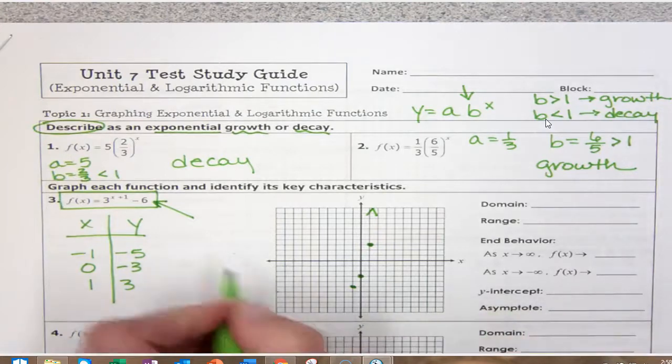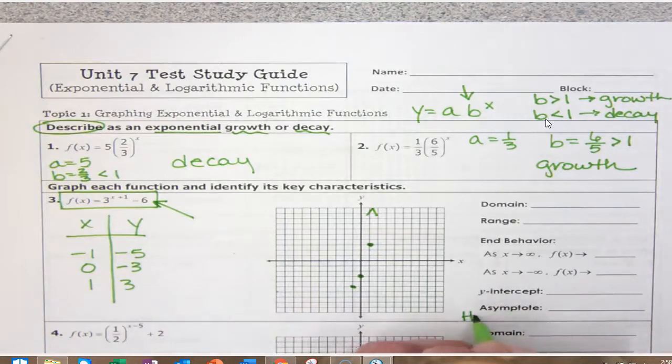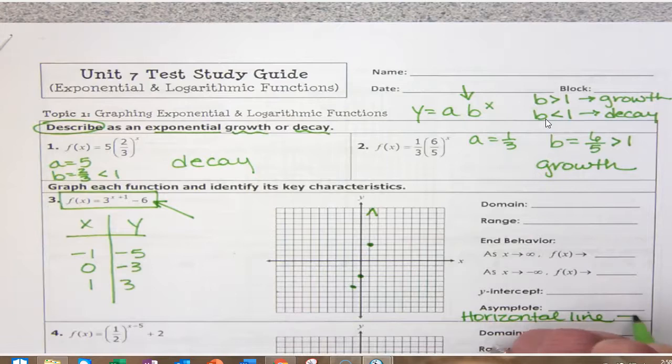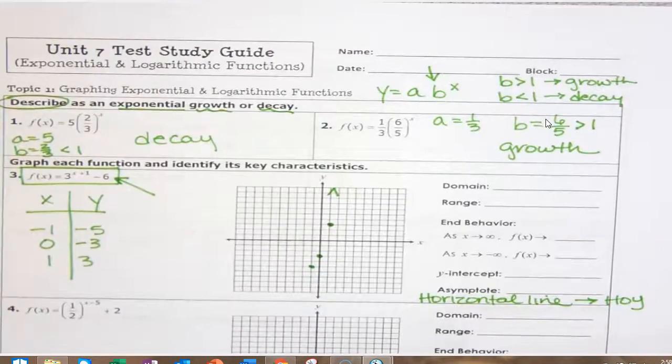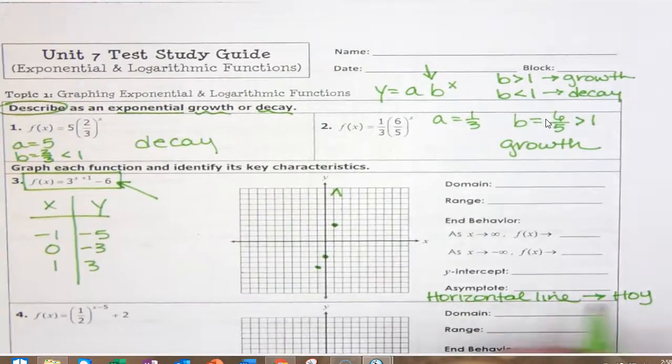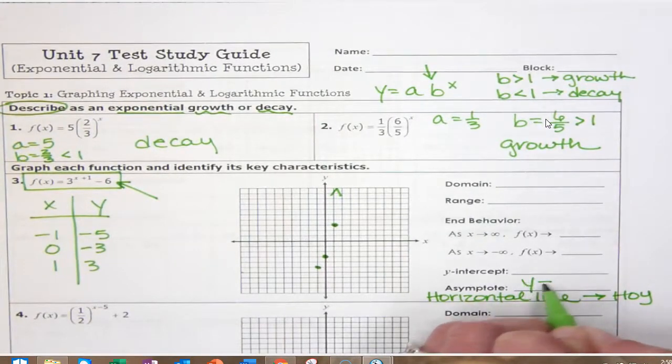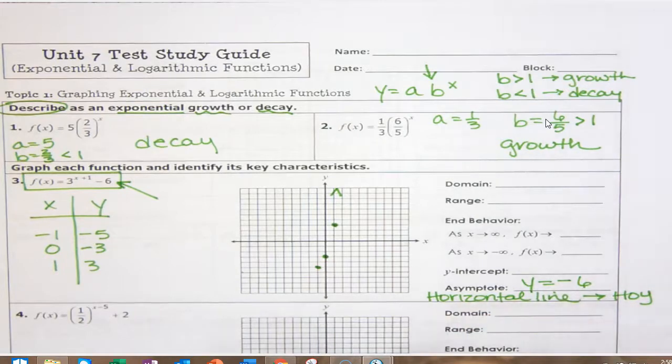And we know that your asymptote is a horizontal line. And when we think of a horizontal line, we think of HOY. Horizontal line of HOY, which means that the equation is going to be y equals -6.